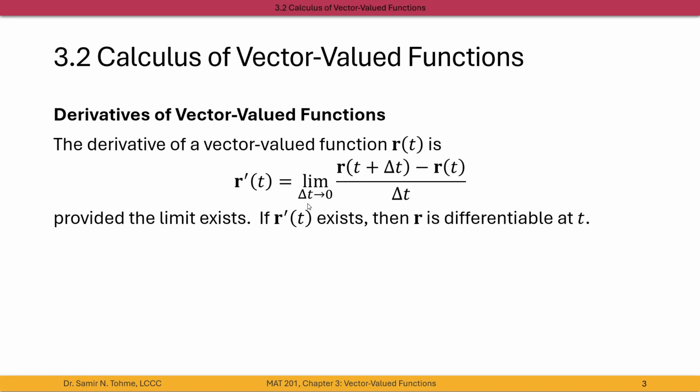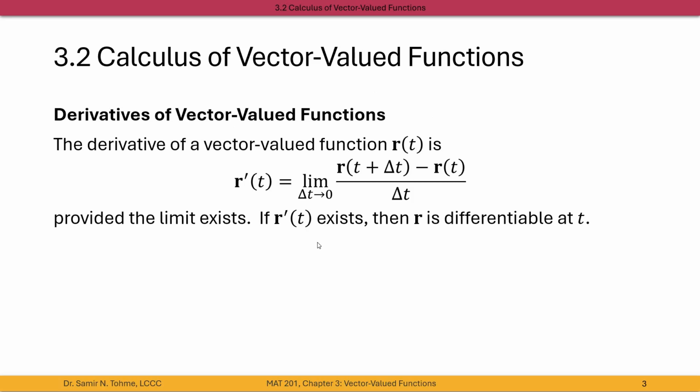And this increment, of course, approaches 0, which means that the increment is getting smaller and smaller as you approach your limit. And you divide this by your increment delta t.